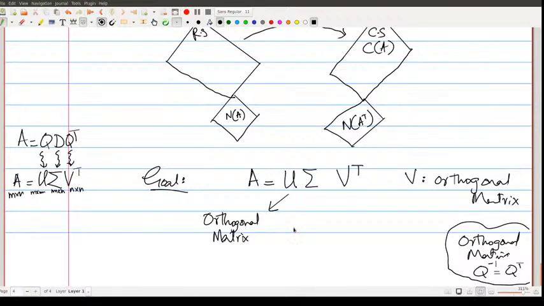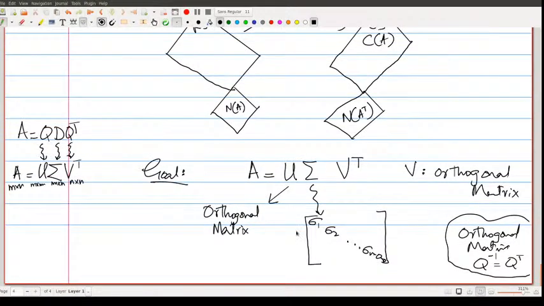What is sigma? Sigma is a diagonal matrix containing sigma 1, sigma 2, up to sigma n on the diagonal, and it may contain some zeros as well. We call the sigma i's the singular values.